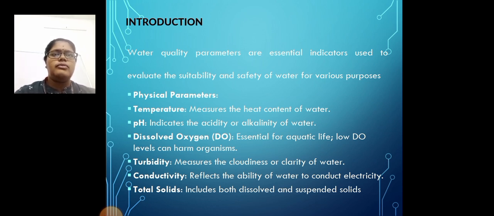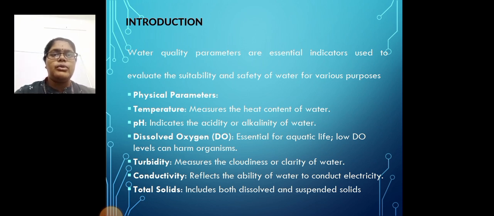In industry, when you use water which has more total dissolved solids, TDS, it will cause many problems. And for irrigation too, if the pH of the water is not maintained properly, it will spoil the crop. So this is the importance of studying the water quality parameters.